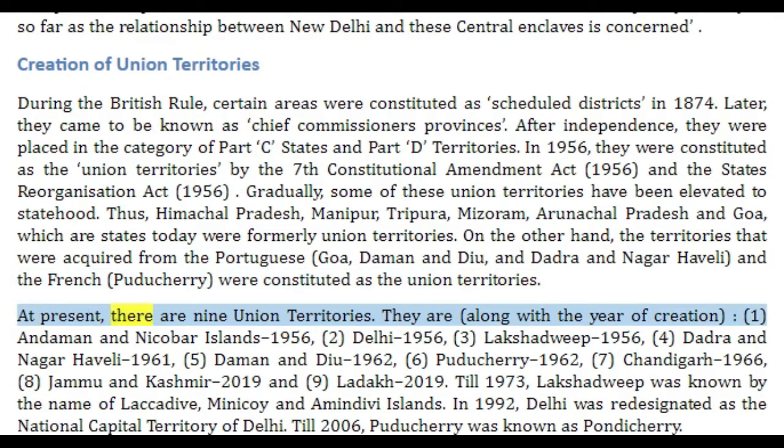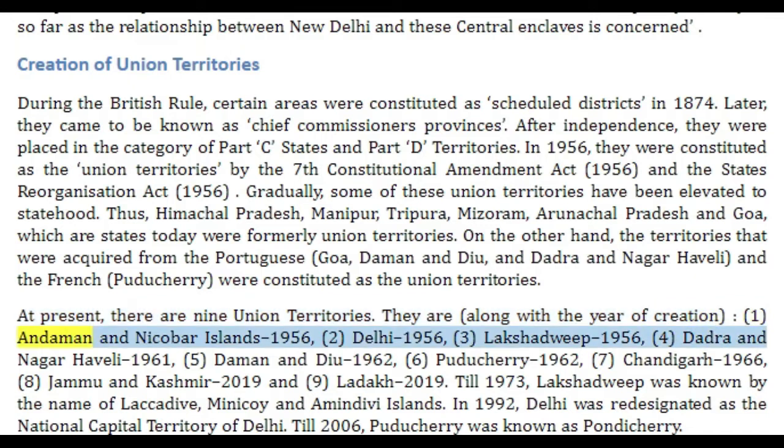At present, there are 9 Union Territories. They are, along with the year of creation: 1. Andaman and Nicobar Islands, 1956, 2. Delhi, 1956, 3. Lakshadweep, 1956, 4. Dadra and Nagar Haveli, 1961, 5. Daman and Diu, 1962, 6. Puducherry, 1962, 7.